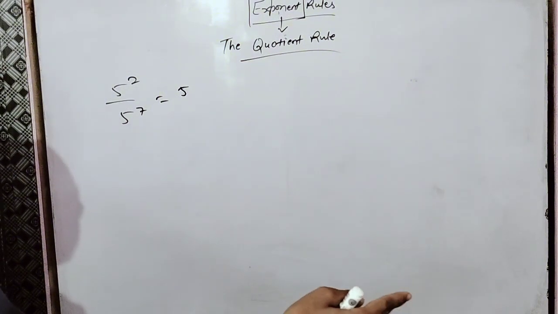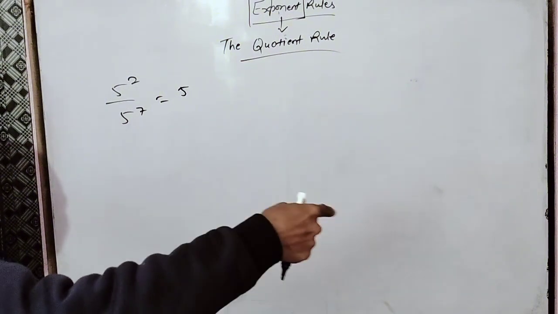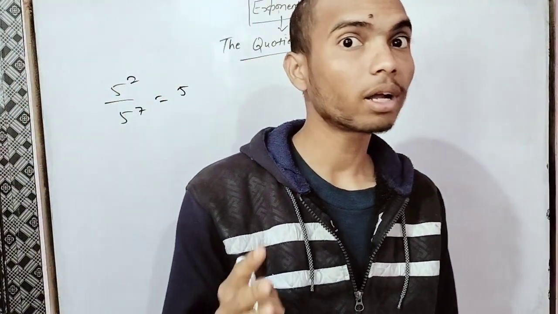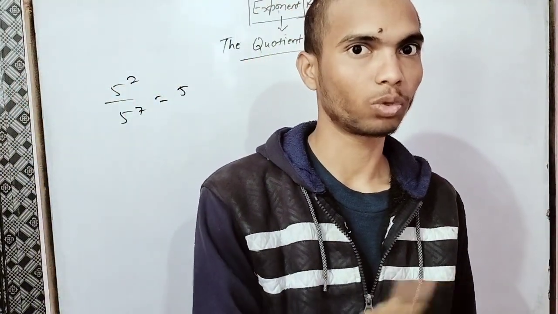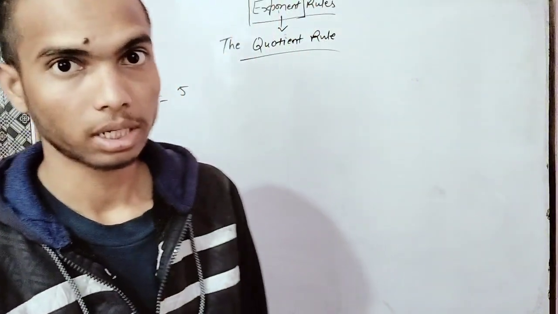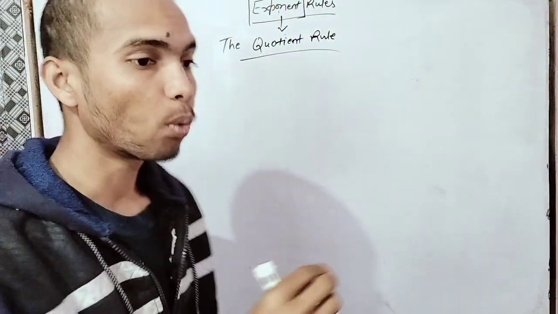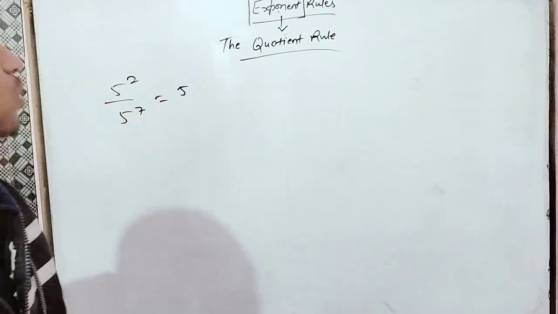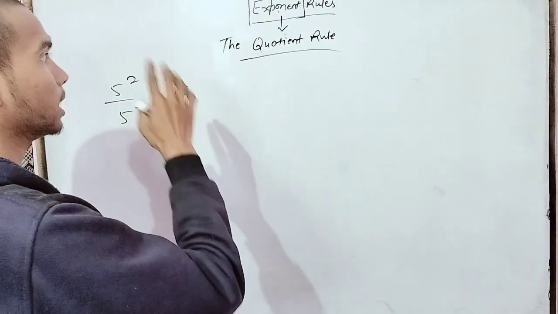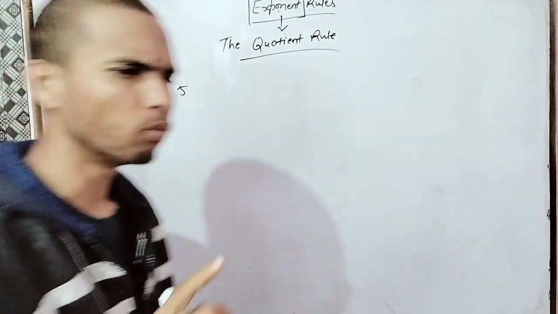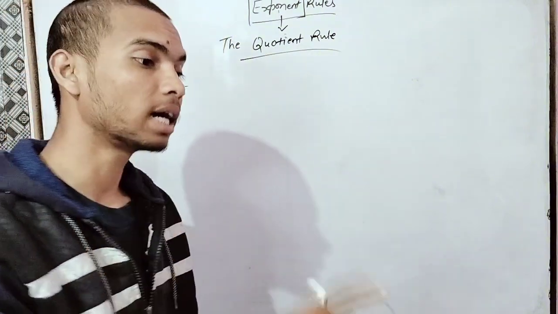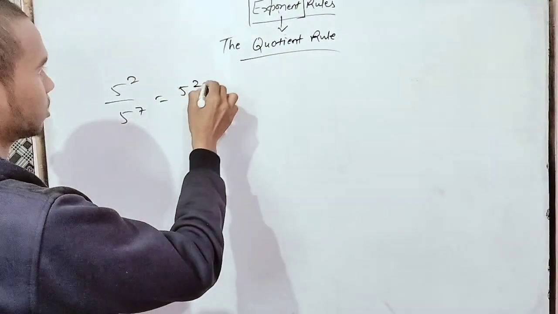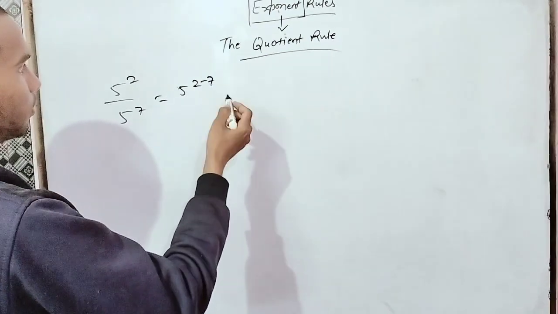So in the context of the quotient rule, we subtract our exponents from each other. Okay, so exponents will be subtracted. The quotient rule would say just subtract exponents. Like that, we will get what?